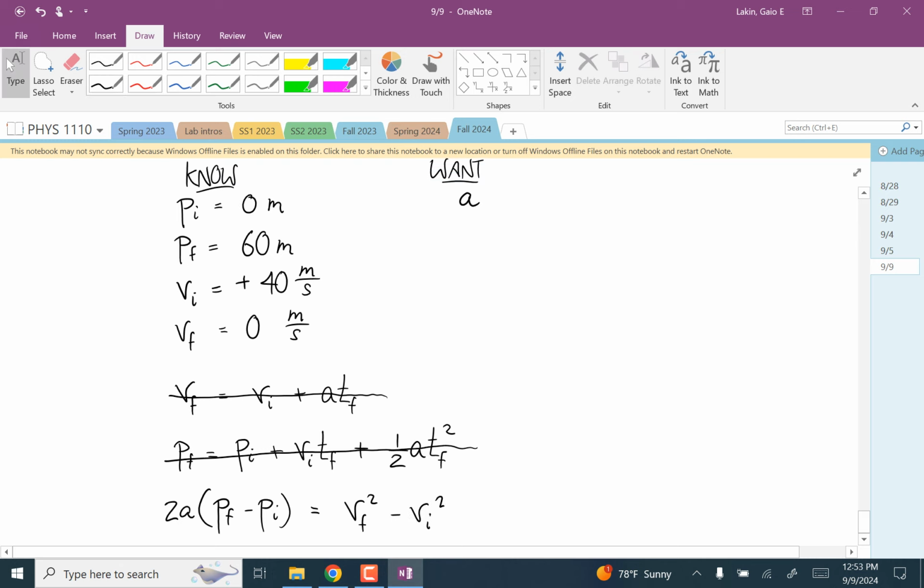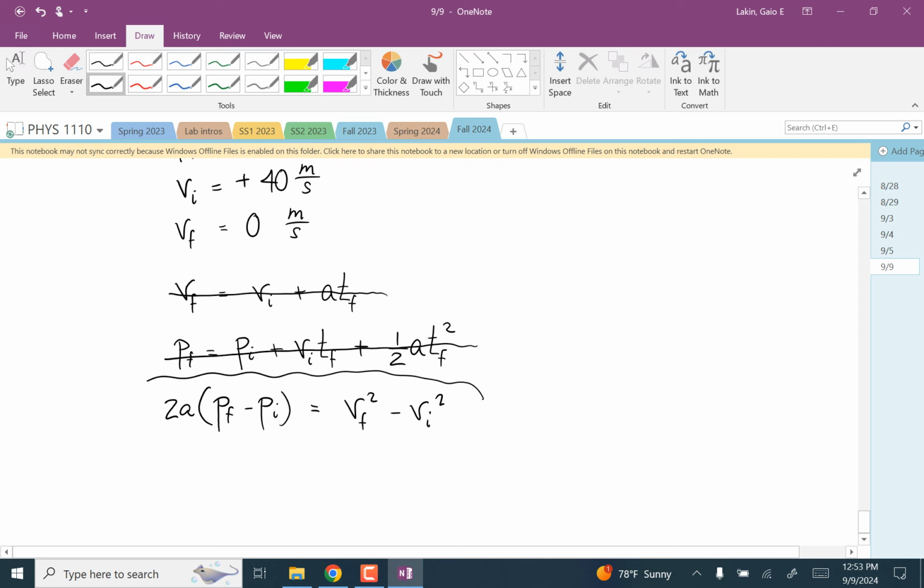Okay, does it have A in it? Yes. And now we'll go through the rest of the variables. Do we know P final? Do we know P initial? Do we know V final? Do we know V initial? So this one should work. And now I'm just going to plug stuff in and hopefully we can do the algebra and solve for A.